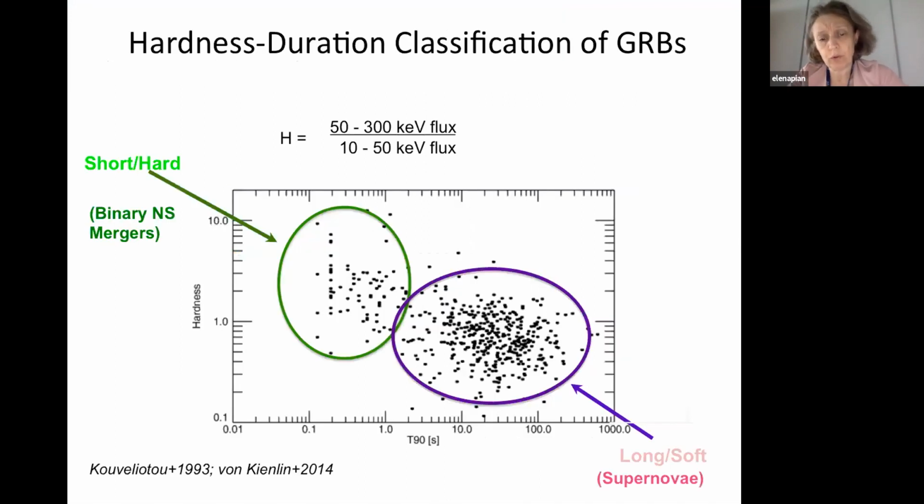We now know that gamma ray bursts come in two flavors depending on duration and accordingly spectral hardness. There is a majority of long duration, softer spectra gamma ray bursts, which we know are associated with supernovae, and a minority of short, hard gamma ray bursts, which we have learned recently are associated with binary neutron star mergers. And this talk will be concerned with the long gamma ray bursts.